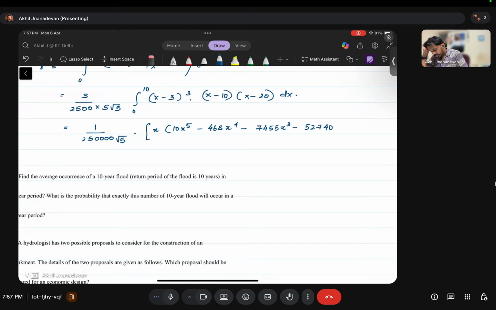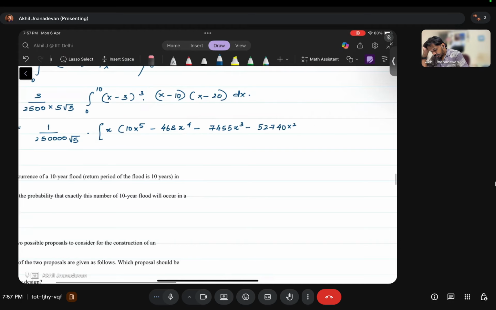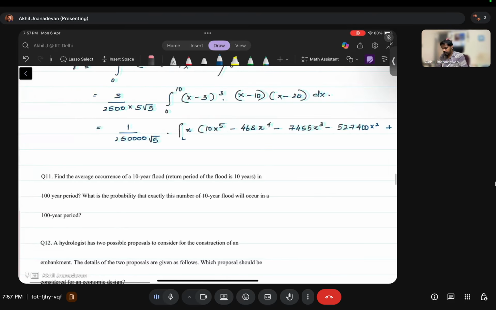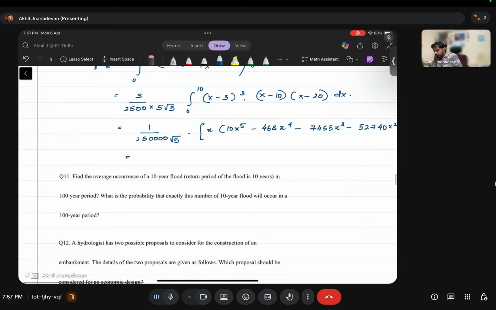740 x square plus 186,300 x minus 324,000, from 0 to 10. That is our limit. So if you substitute those values, you will be getting 0.7155.